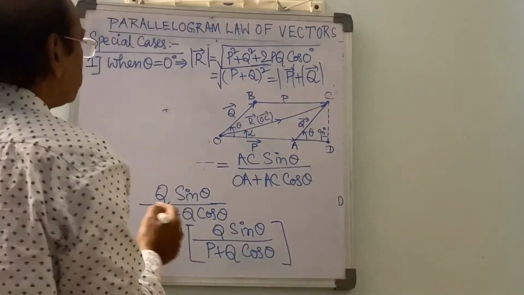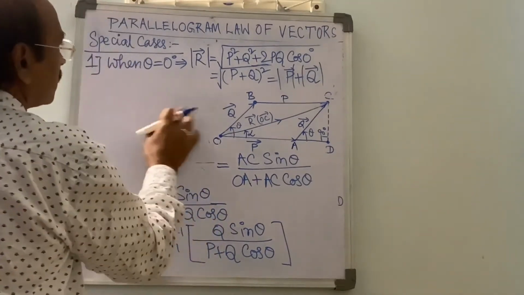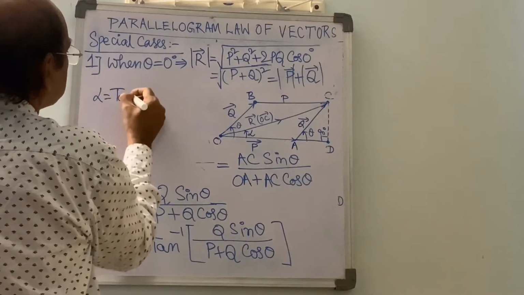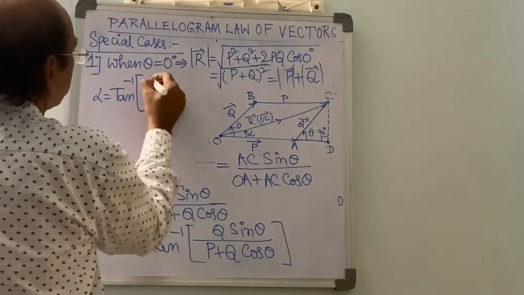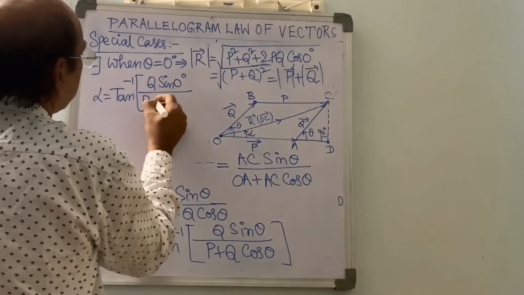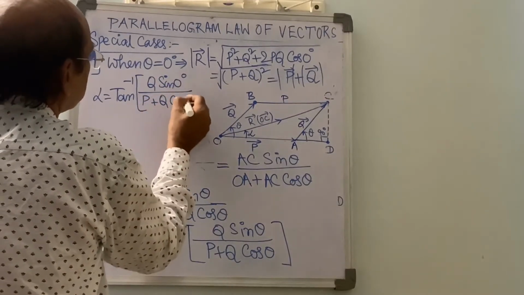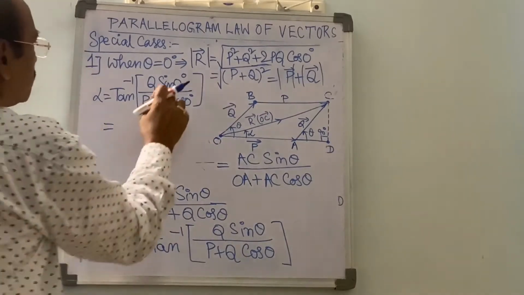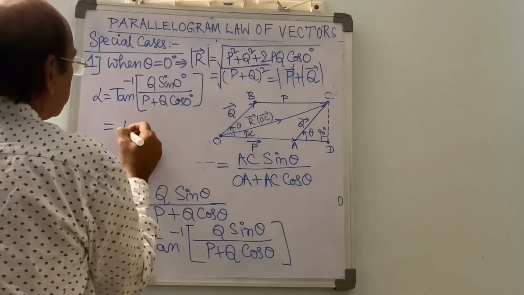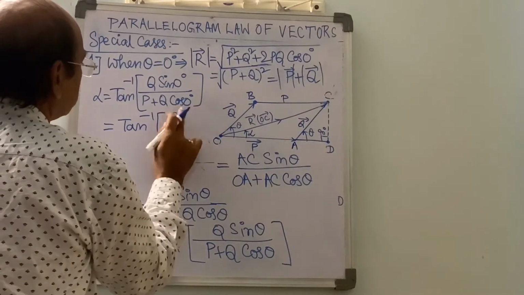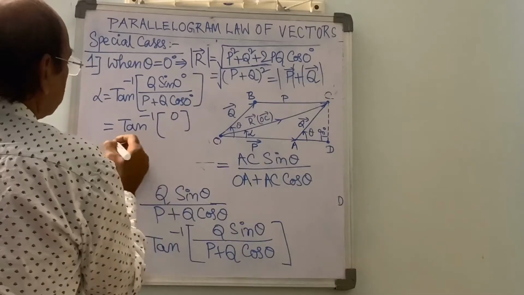Simply. And alpha is equal to tan inverse q sin 0 degrees by p plus q cos 0 degrees. That is sin 0 is 0, 0 by something is 0. Therefore, tan inverse 0 equals 0 degrees.